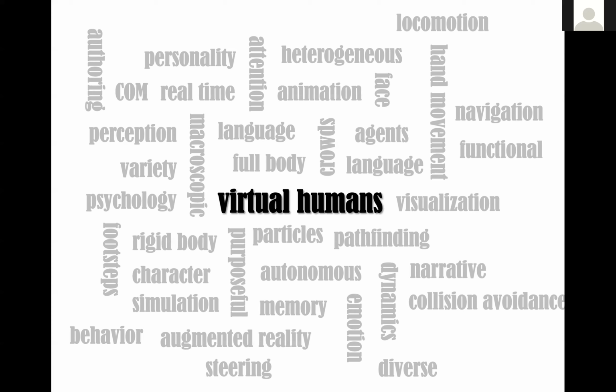The ideas that are used to animate virtual characters are often the same ideas that are used to control real robots, and there's a mutual synergy between the research done in both areas.